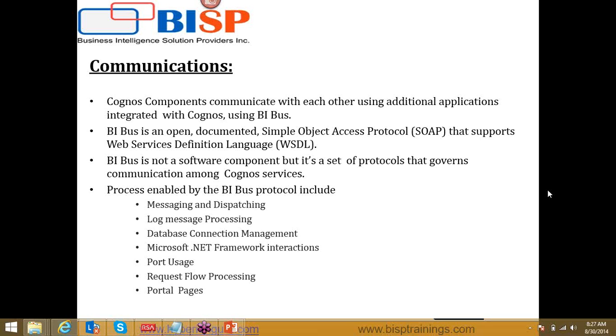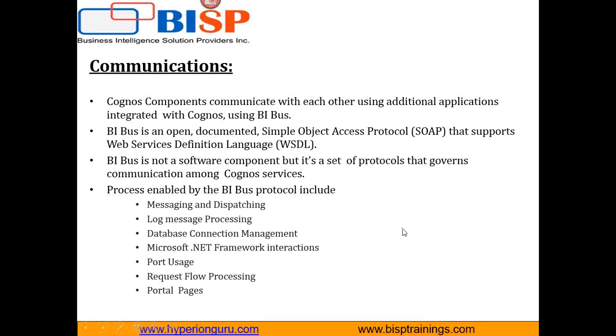These are all the things enabled and taken care of by the BI bus protocol while we are using Cognos. This is how the communication between the Cognos components happens.